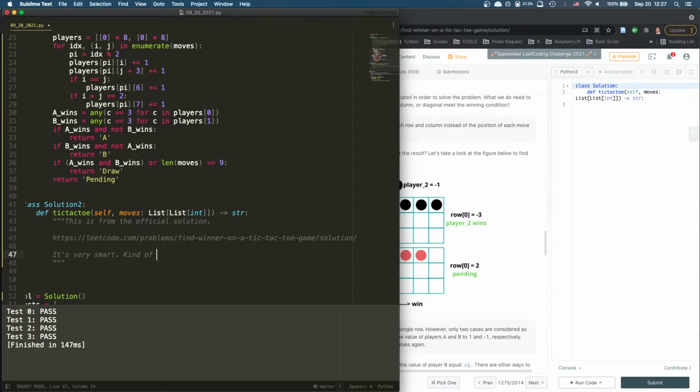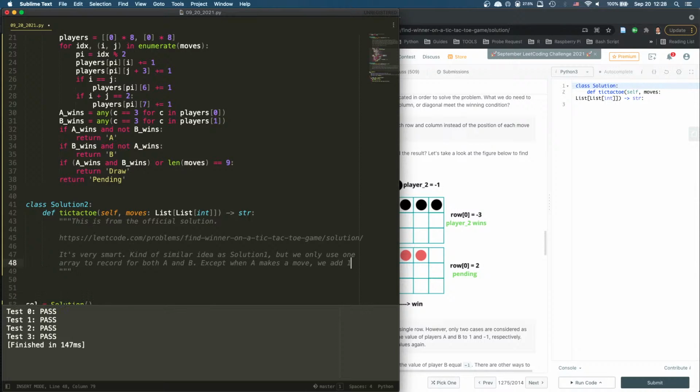Kind of similar idea as solution one, but we only use one array to record for both A and B, except when A makes a move, we add 1. But when B moves, we deduct 1.